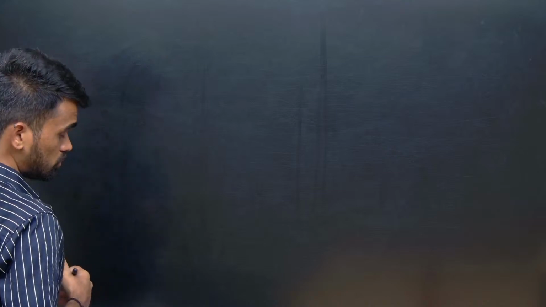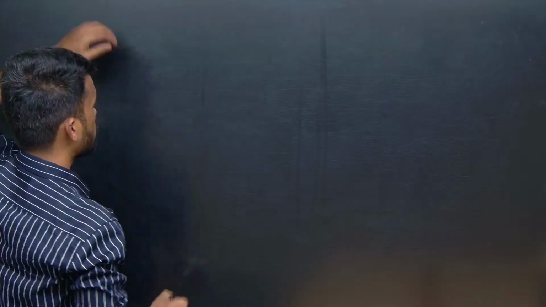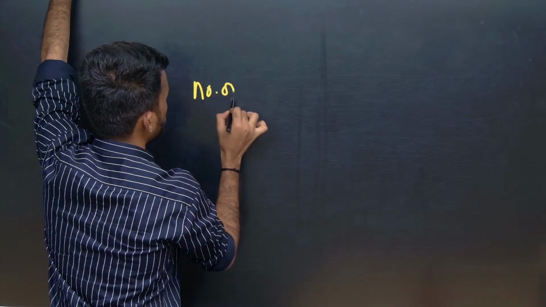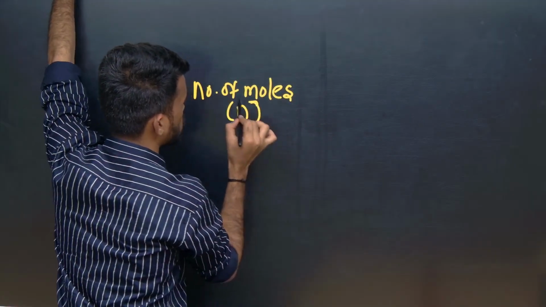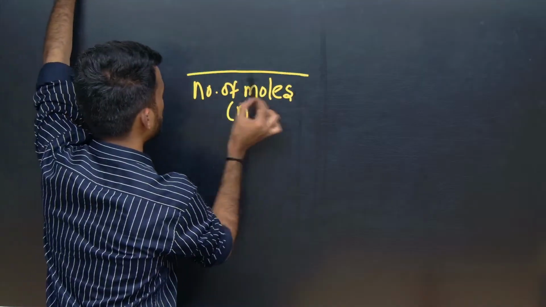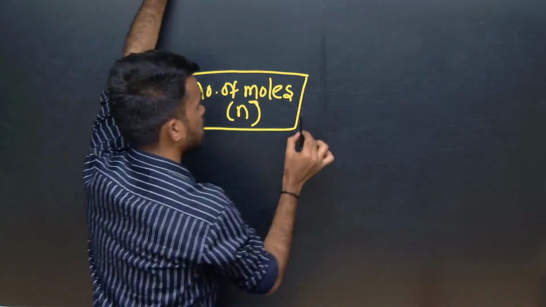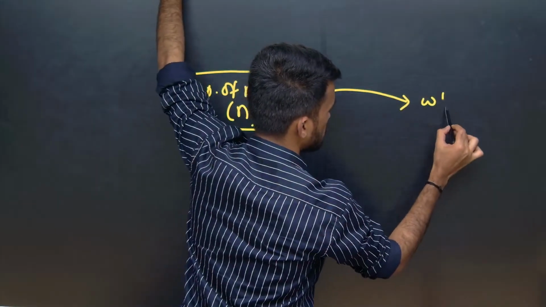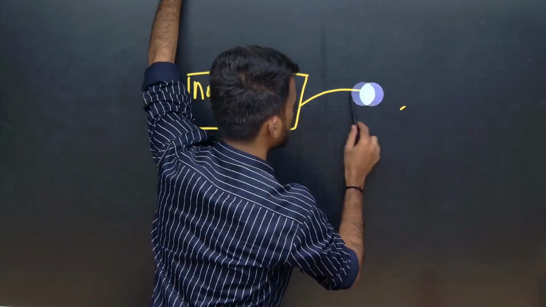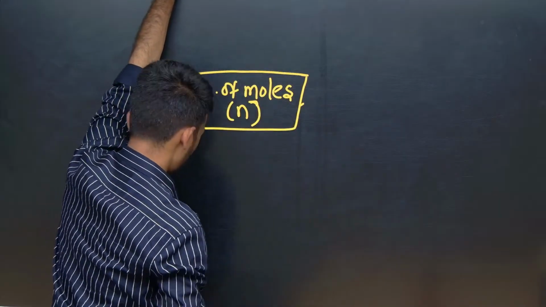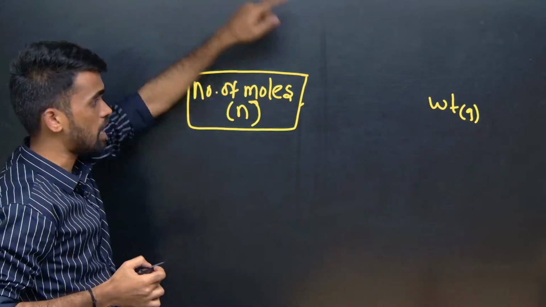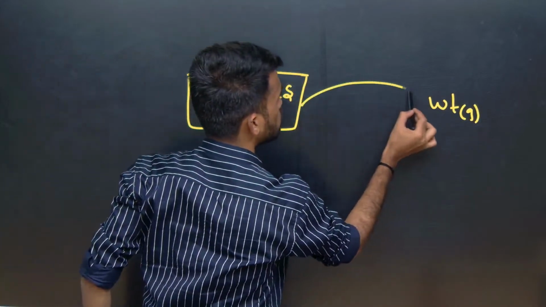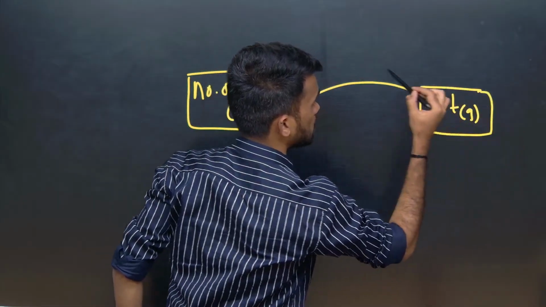Now let me conclude number of moles, completely, whatever we discussed in the class. What is the symbol we are using for number of moles? N. If the number of moles is given and they are asking the weight of a substance, that is mass or weight, how can we find weight?